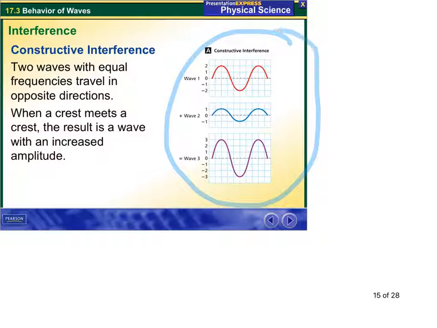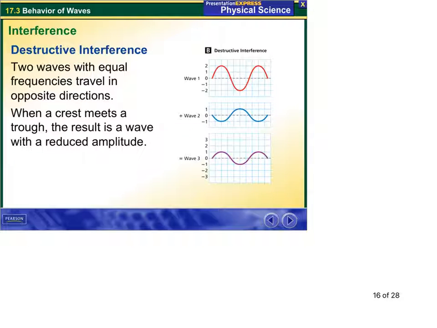So, illustrations of constructive interference. Combine wave 1 and wave 2 together, and we get wave 3, which has higher amplitude. So with constructive interference, we tend to get increased amplitudes.